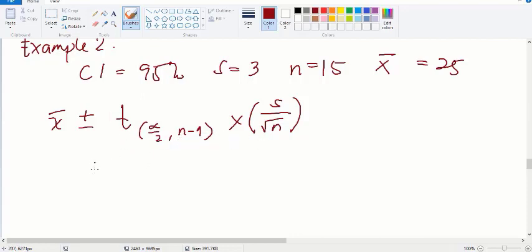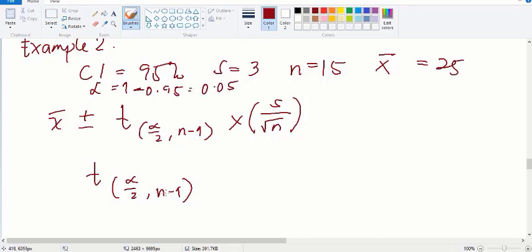So let's find the T, alpha over 2, with N minus 1. What do we need? Alpha. 1 minus 0.95 is equal to 0.05, over 2, and N minus 1 is the degrees of freedom, 14. Therefore we need the t value for 0.05 and 14 degrees of freedom.